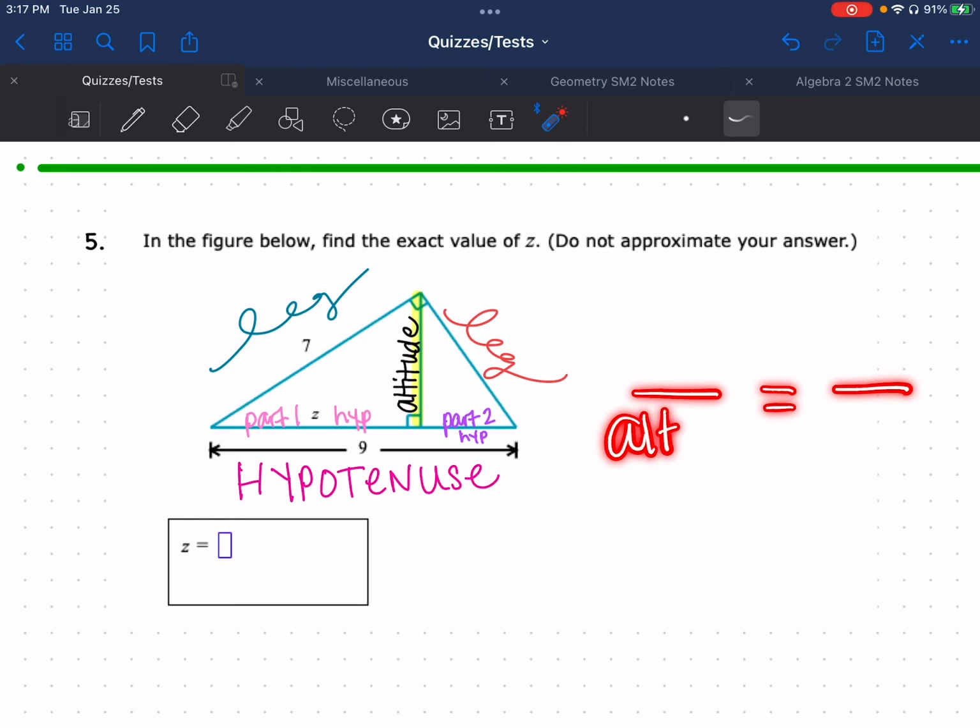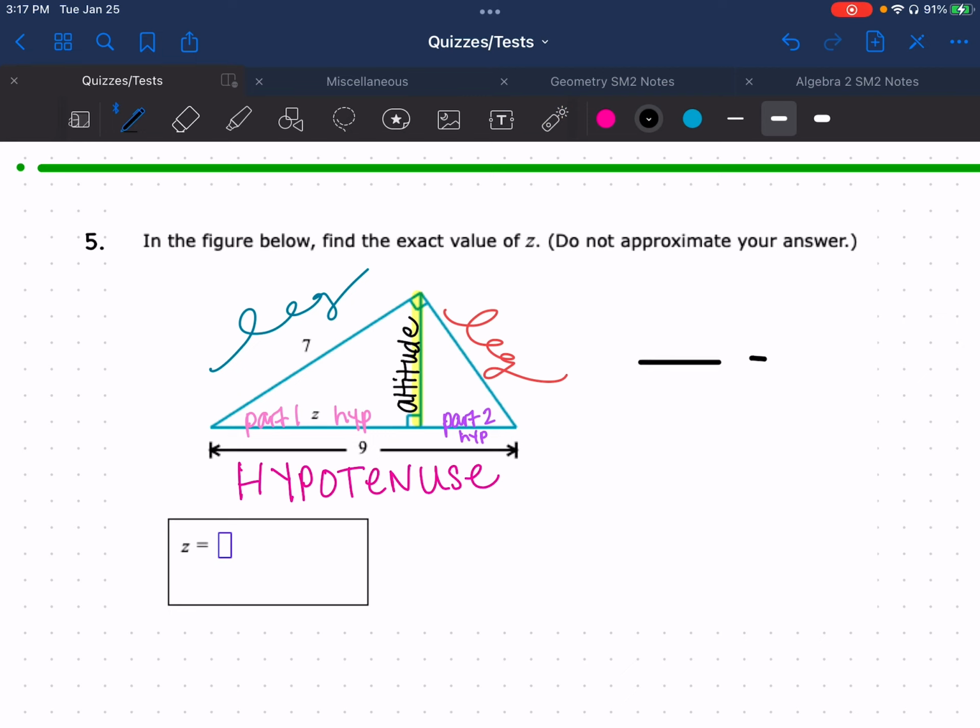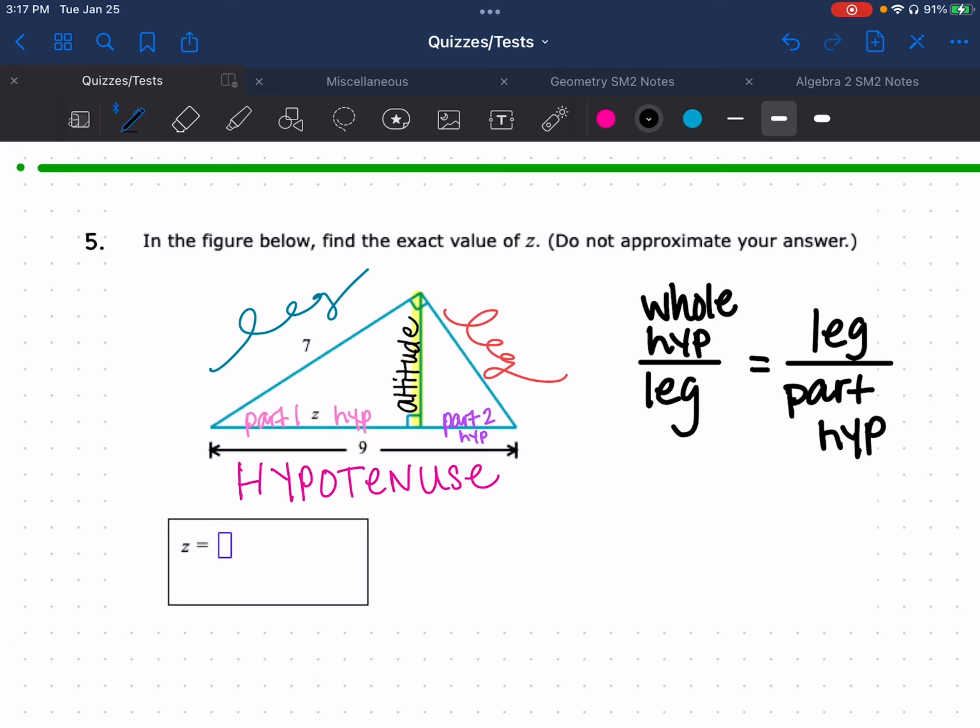It should say altitude right here, and it should say altitude right there. And then it has some other words in those places. But as you can see for mine, there is no altitude labeled, so I'm going to use the one that says leg, whole hypotenuse, and then the part of the hypotenuse.